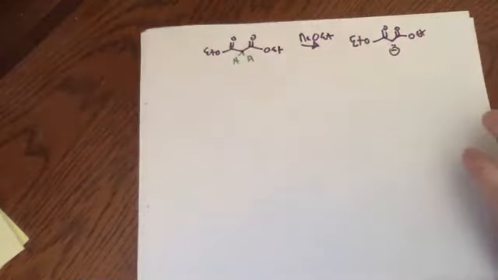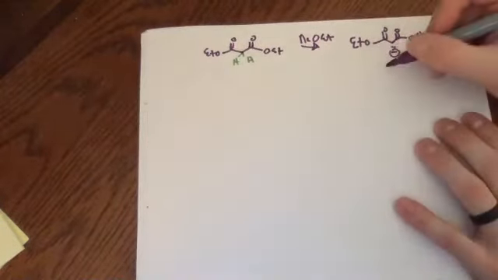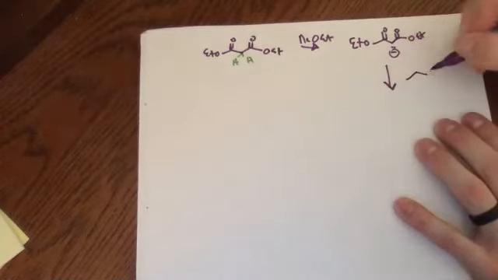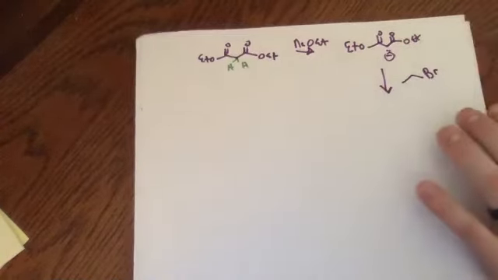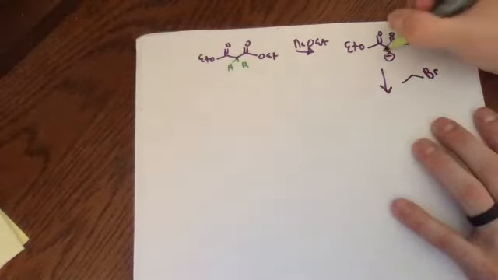From this point in time, if I add in ethyl bromide, I can do an SN2.